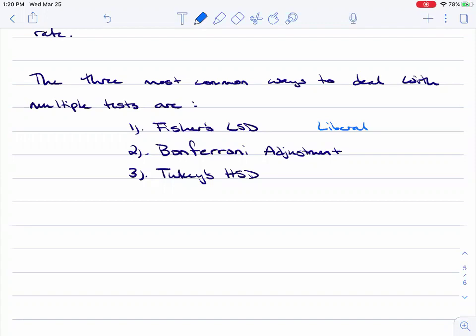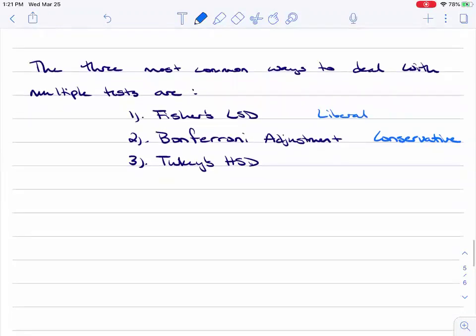I'm not too concerned with concluding that something is a difference when it's not. Whereas the Bonferroni adjustment is quite conservative, so it's likely that you're going to miss actual differences, but maybe that's better. And then Tukey's HSD is kind of moderate, making it a good option just in general.